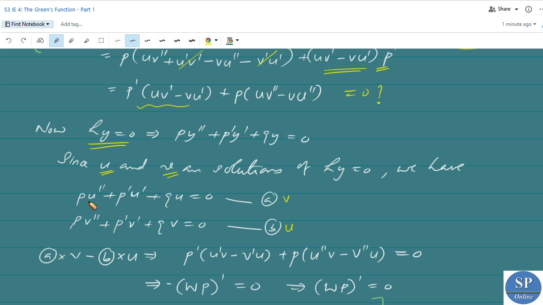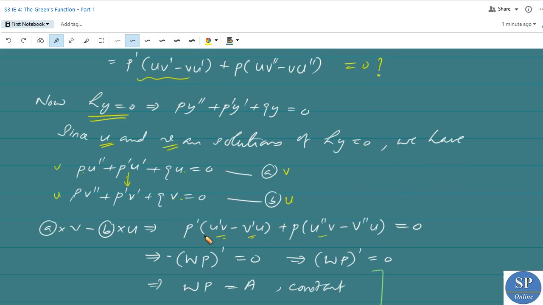The q u v minus q v u terms will be 0 on subtracting. So we get p' into (u' v minus v' u), plus p into (u'' v minus v'' u). So we are just multiplying here with v and here with u and subtracting. So we get this.